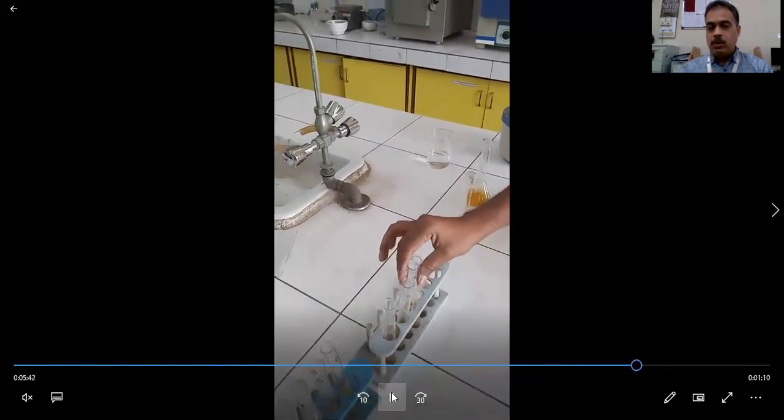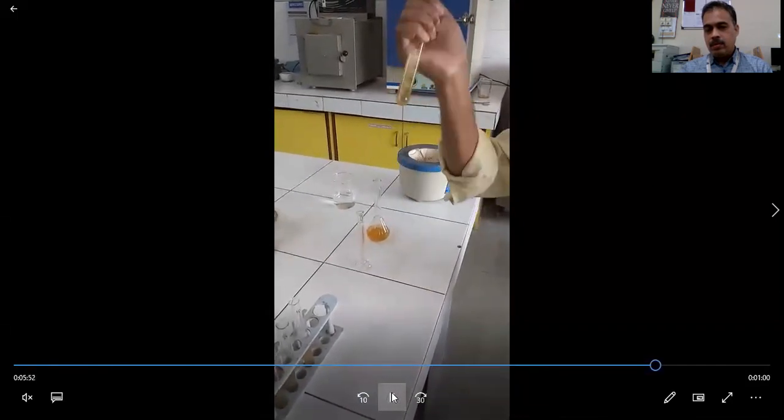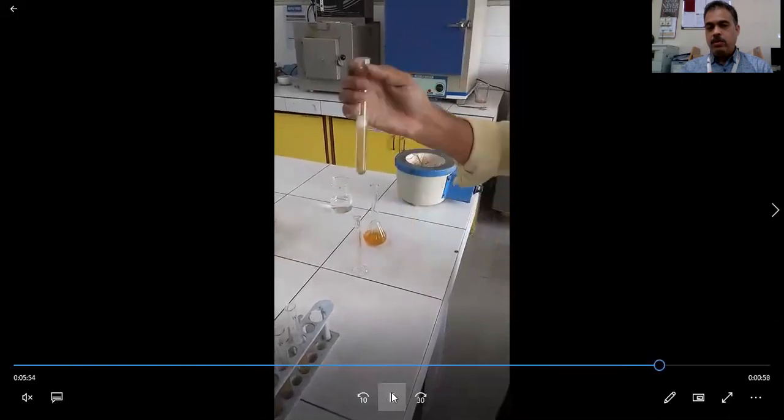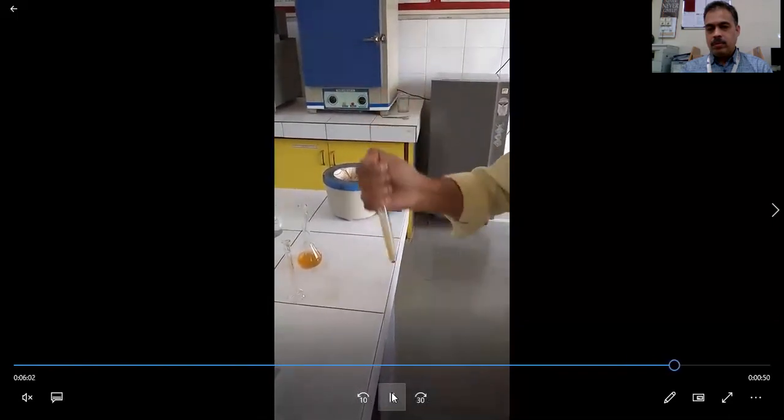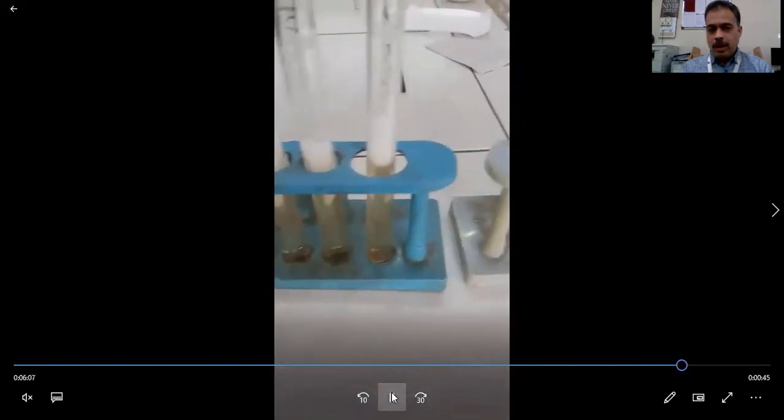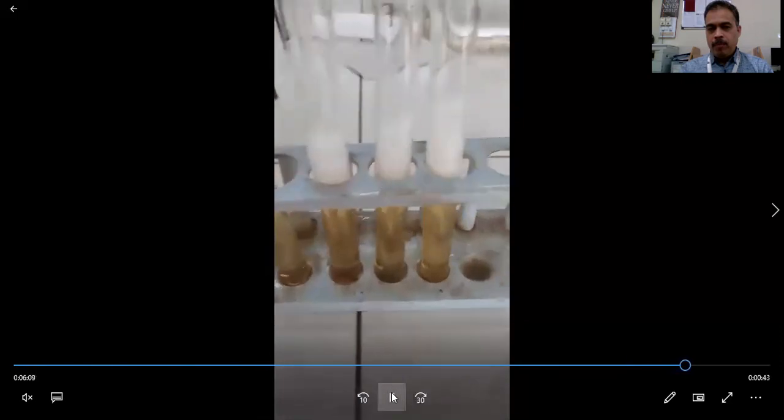So we have to shake for 30 seconds. Shake it for 30 seconds. So each test tube, we can see the formation of foam.